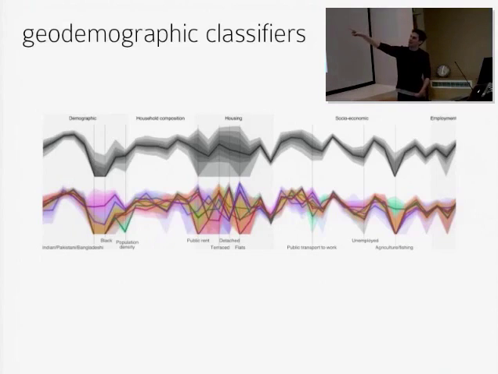Below, we've got the 7 key OAC supergroups, like blue collar living, multicultural, and so on. The really dark lines going through each represent the centres of those groups, and the varying lightness represents distance from the centres, for individual output areas that are part of those groups.